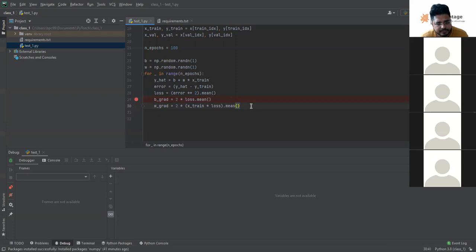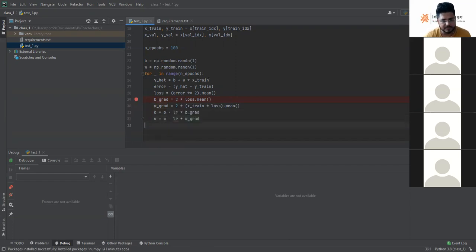We have to assign B and W is equal to B gradient, W gradient. So we have to get the new value of B and W, right? How do I get the new value of B and W? This is the way: we will subtract the gradient from the original.